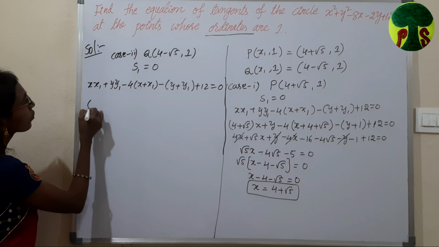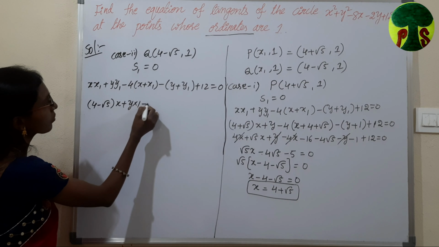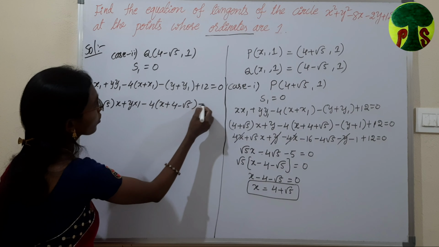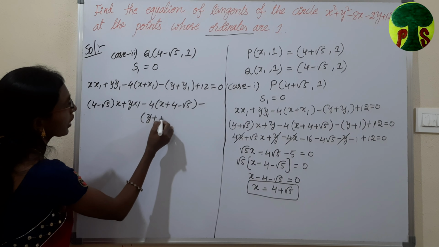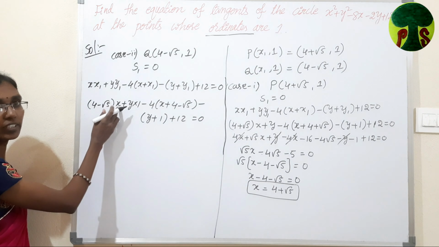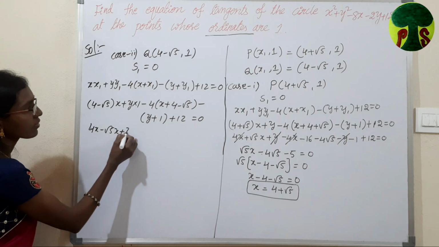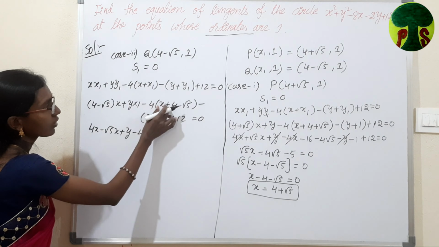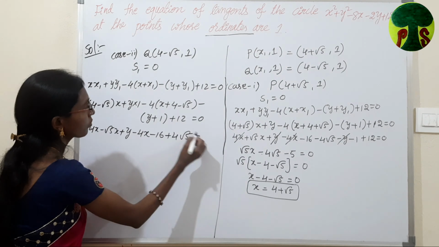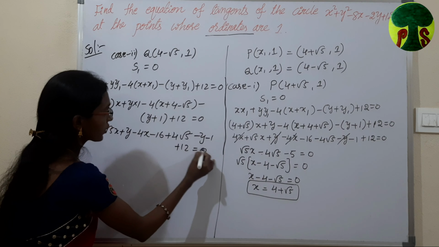So 4 minus root 5 into x plus y into y1 value is 1, minus 4 into (x plus the value of x1, which is 4 minus root 5), minus y plus the value of y1, which is 1, plus 12 is equal to 0. Now multiply 4 minus root 5 with x: 4x minus root 5x plus y minus 4x minus 16, minus into minus plus 4 root 5, and minus y minus 1 plus 12 is equal to 0.